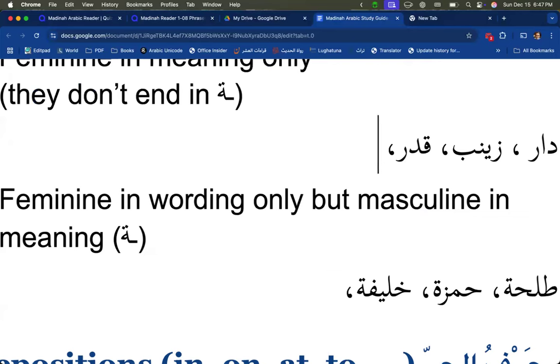If someone is pregnant, the word for carrying is hamil. So for a girl who's pregnant, will it be hamila? No, it'll be hamil, even for a girl.